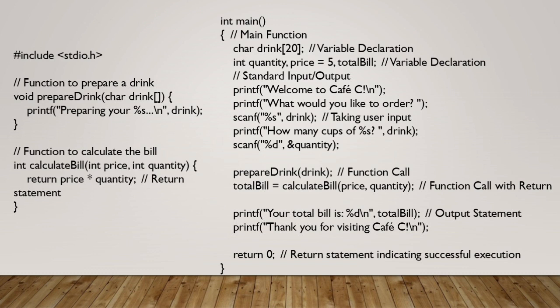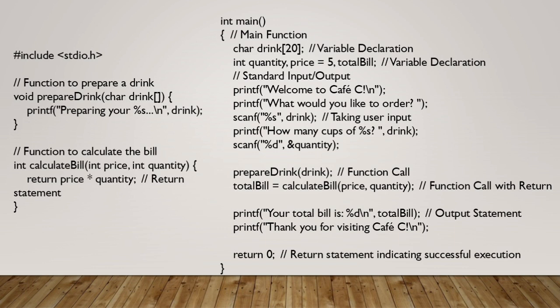So let's combine together everything we have discussed so far. We can have hash include stdio.h at the very start, which you can see on the left side, and then two functions. The first function prepares a drink; it simply gives a message that we are preparing your drink.